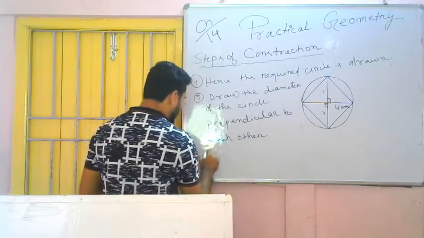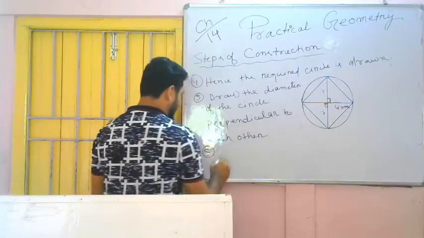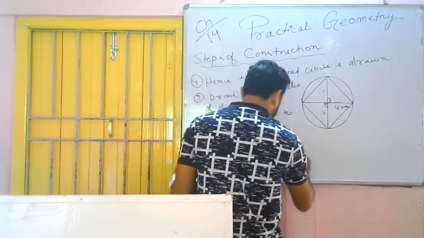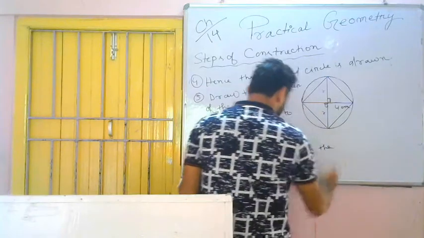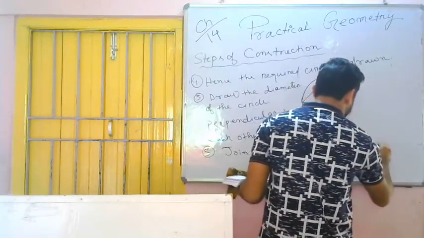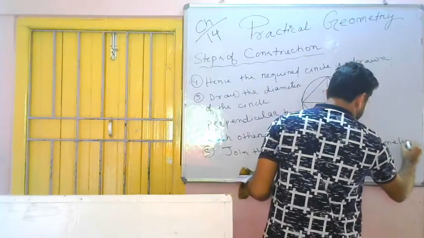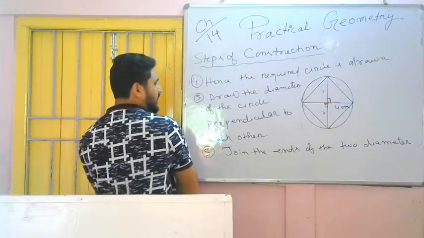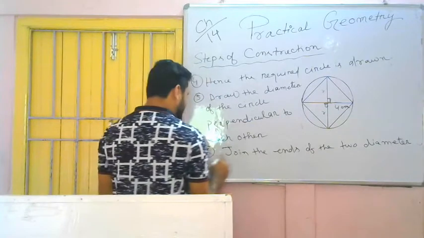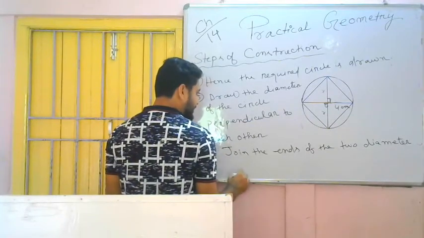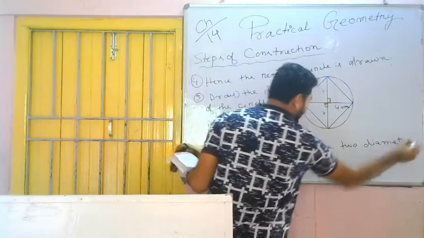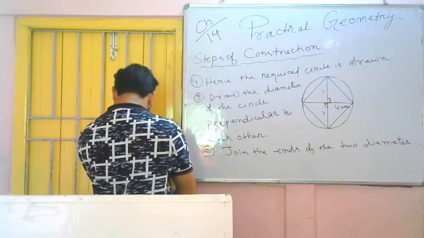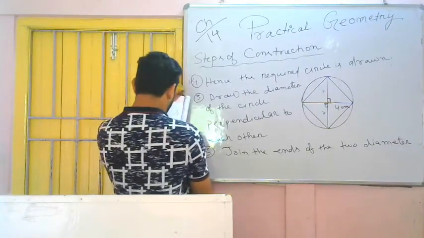Okay, after that, number 5, you write join the ends of the two diameters.